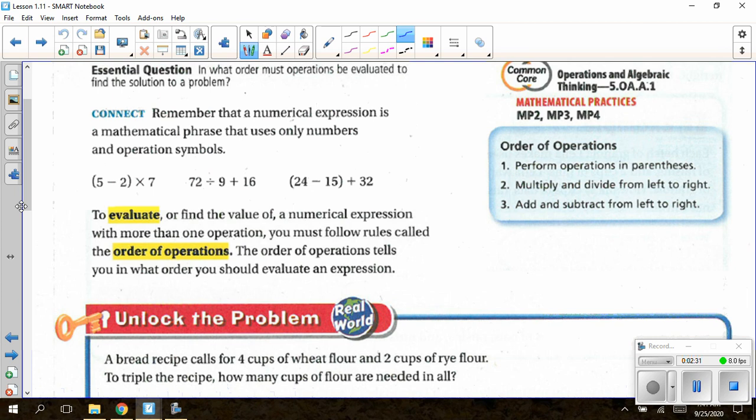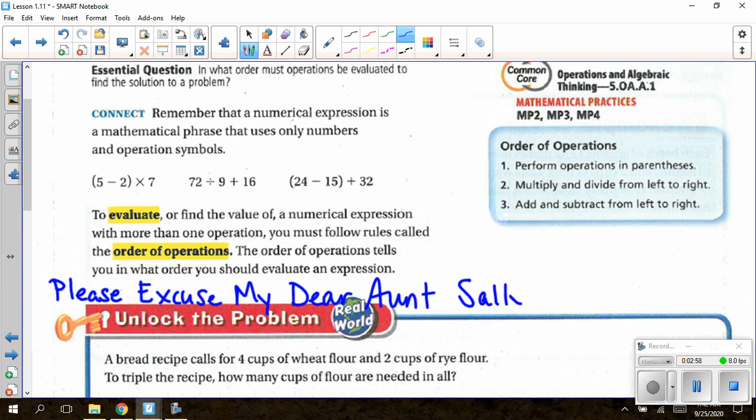We have a saying that we like to use in the 5th grade to help our students remember the order of operations. That saying is, please excuse my dear Aunt Sally. With please excuse my dear Aunt Sally, the P stands for parentheses. We know that comes first.